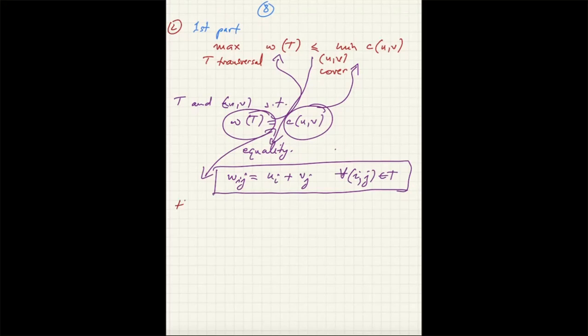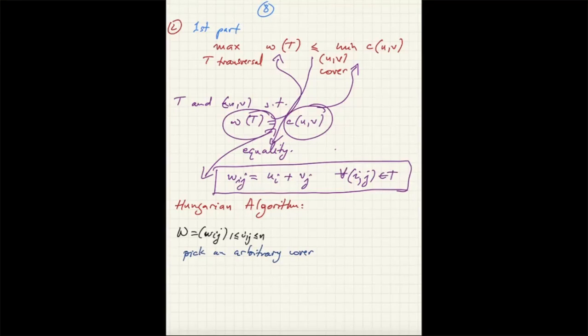So now I'll describe this Hungarian algorithm. Again, we start with this matrix W. Now we don't have any cover at the beginning, and we have no transversal. So you start by picking an arbitrary cover. It's fairly easy to pick one.